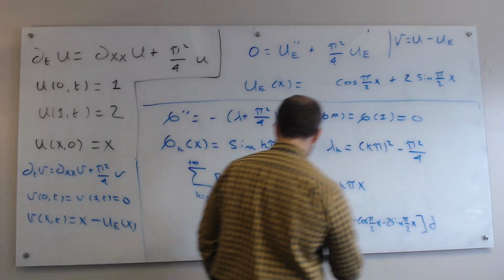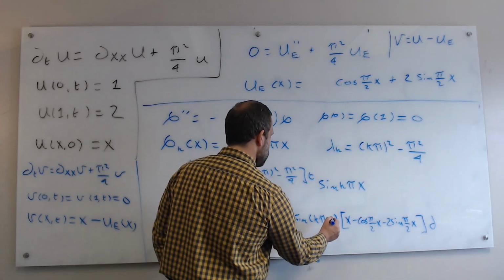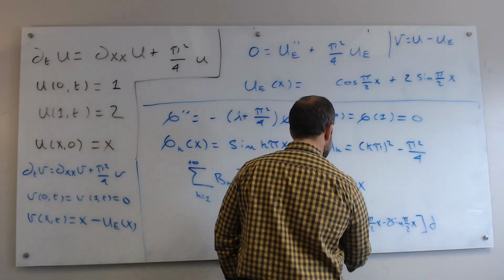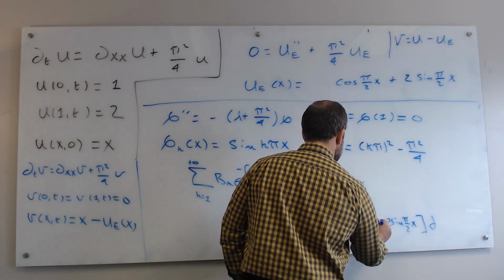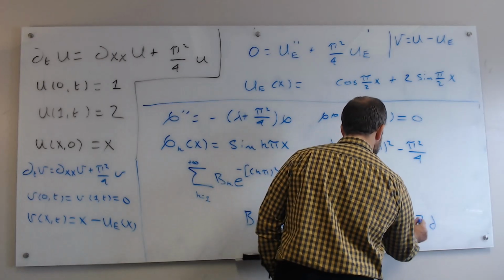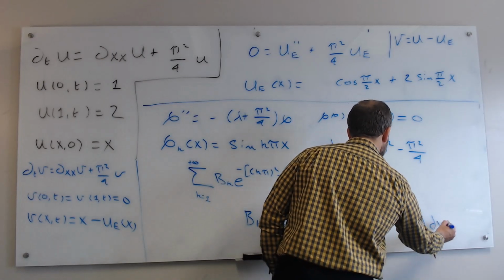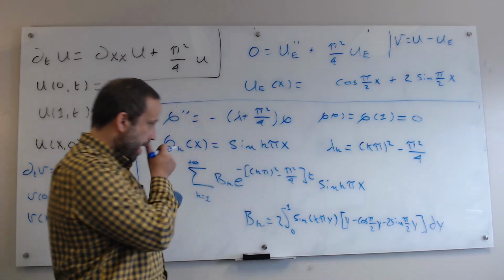And actually, instead of x, I like to use y as the variable of integration, so I'm going to have a y here, and a y here, and a y here, dy. And so that's what b_k is.